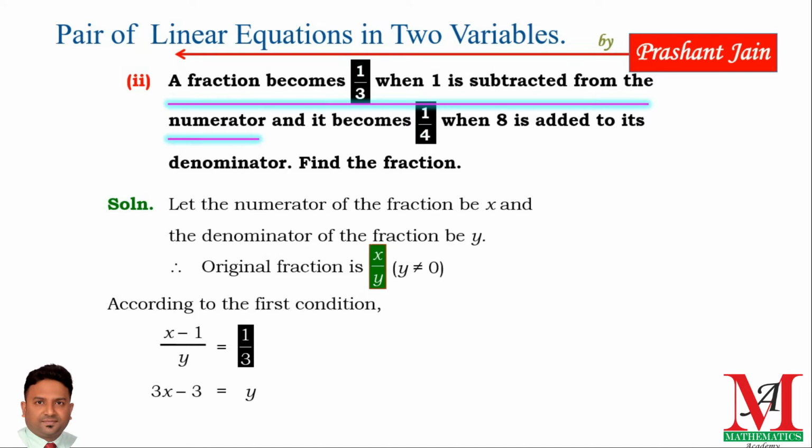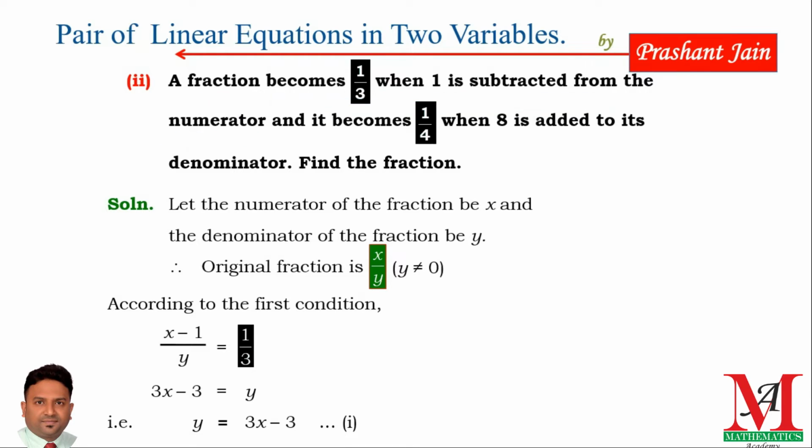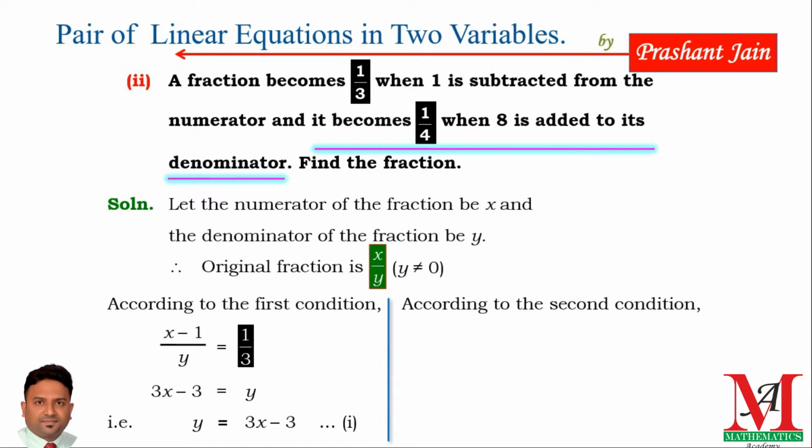After cross multiplication we will get this equation that you see on your screen. On rearranging we get the value of y in terms of x, and let it be equation number 1. Now according to the second condition, what does it say? The second condition says that when we add 8 to the denominator, nothing to do with the numerator, so the numerator is the same.